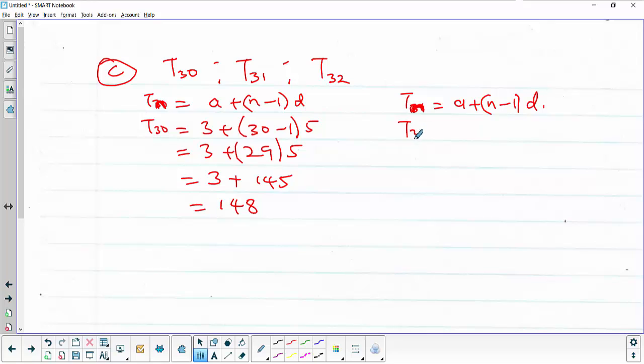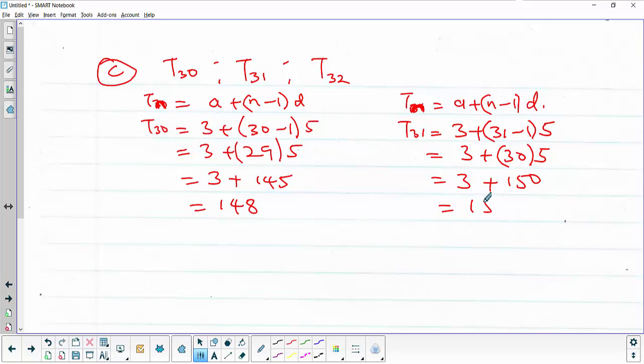So automatically T31 is equal to, what is the A? 3 plus n is 31 minus 1 into D, which is 5. So this is going to give us 3 plus 30 multiplied by 5. So this is 3 plus 150. So this is 153.